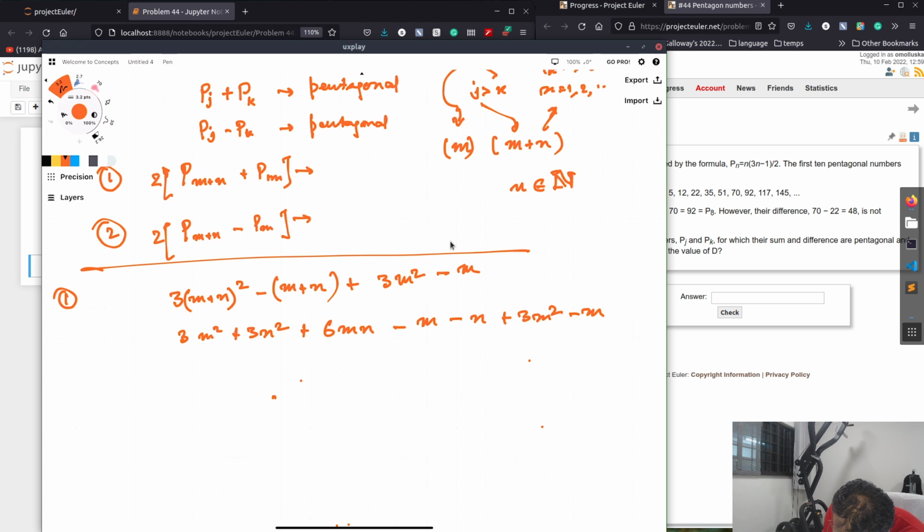So that makes it equal to, that's 3 and 3, 6m square, plus if we take all the terms together, that's 6m square, that and that, that's 3n square. This is 6mn, there's only mn, and then that's minus 2m minus n, and that's what it is.